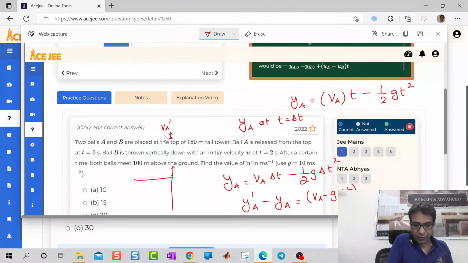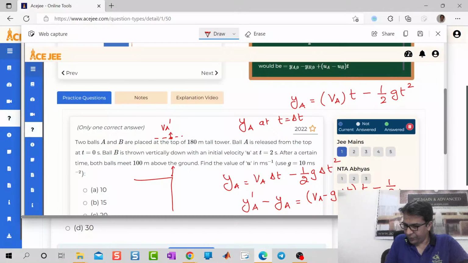Once again, we have reset our clock to start measuring from this point, into t minus half g t square.